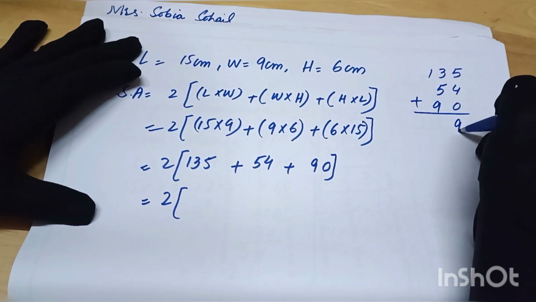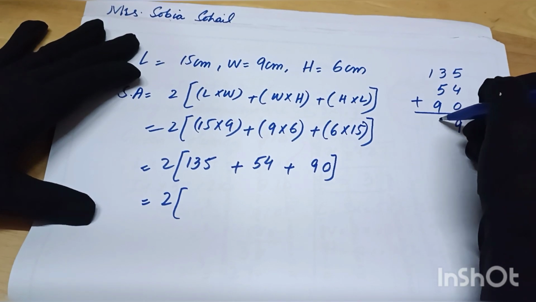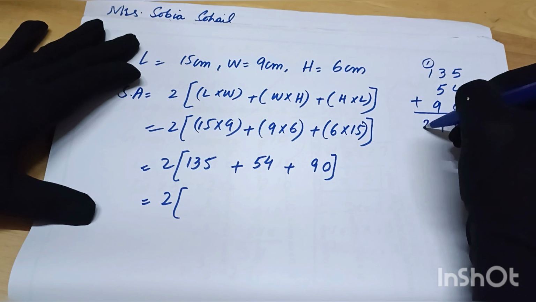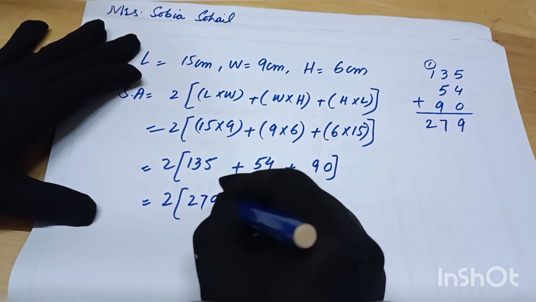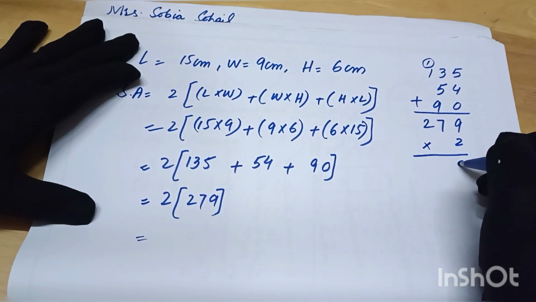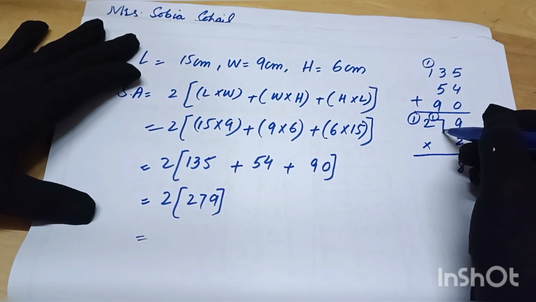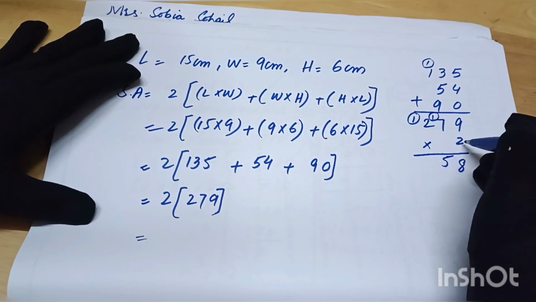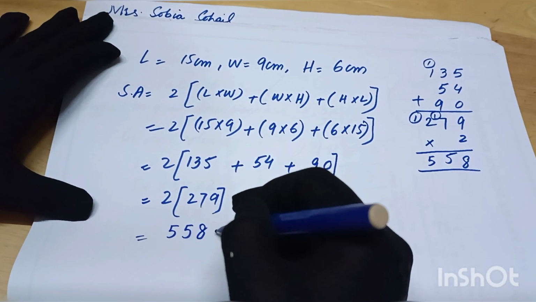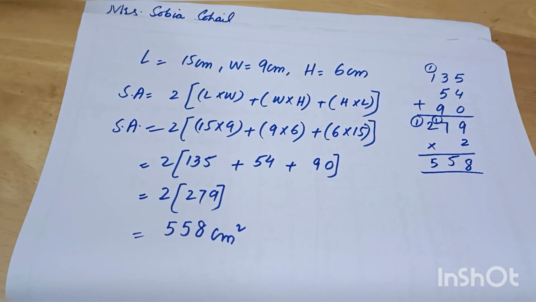Add all: 9 plus 5 is 14, 15, 16, 17. 7 here, 1 carry, 1 plus 1 is 2. 279, which is further multiplied by 2. 2 9s are 18, 1 carry. 2 7s are 14 and 1, 15, 1 carry, 2 to the 4 and 1 is 5. 558 centimeter square. So this is the required surface area for the given question.